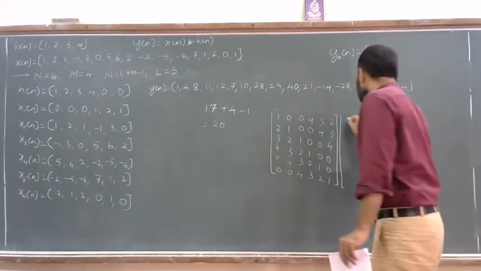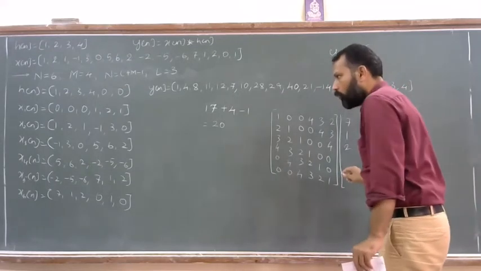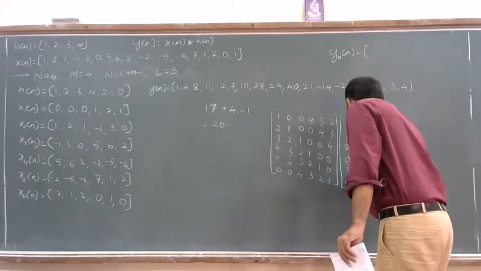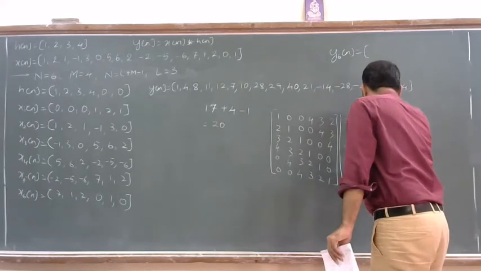X6 was 7, 1, 2, 0, 1, 0. When you multiply these two, what will we get?